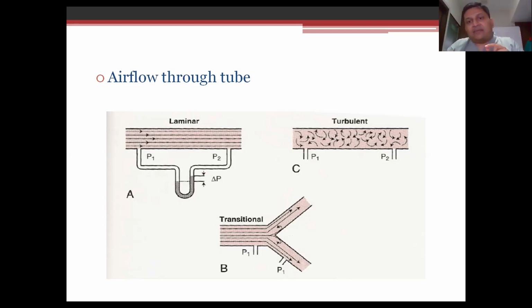There is very minimal pressure for the air to travel to the alveoli, so there has to be very low resistance. The system is such that in the smaller airways the flow becomes laminar and there is very low resistance, so even with a low pressure the air can easily go toward the alveoli. That's why the system is such.